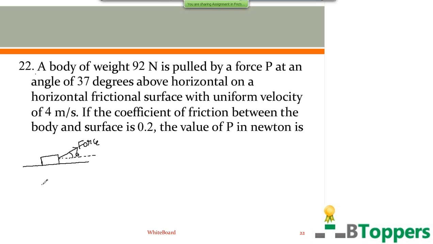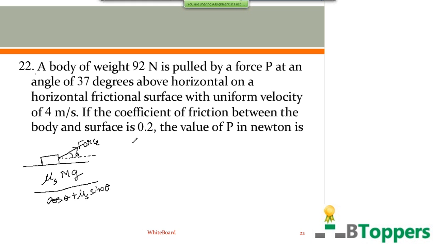The minimum pulling force required to just start the block moving, we can write as mu s into mg by cos theta plus mu s into sin theta, for the given direction of the pulling force. So the minimum value of pulling force required to just start the block moving, if it is initially at rest, is given by mu s mg by cos theta plus mu s sin theta.